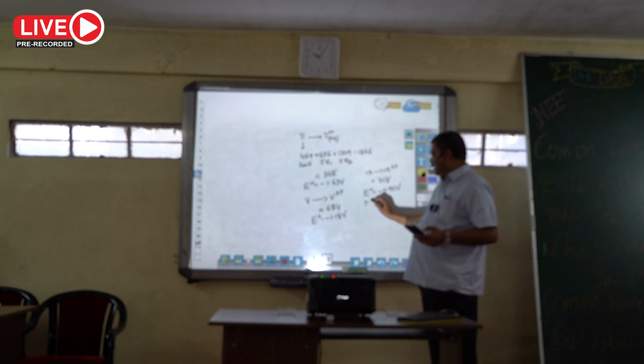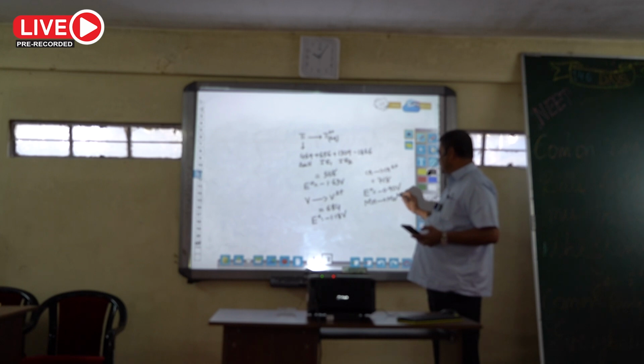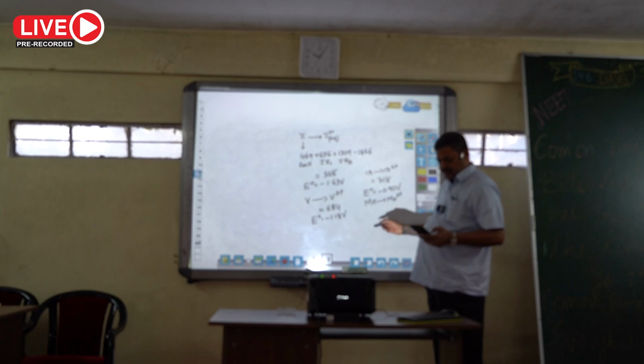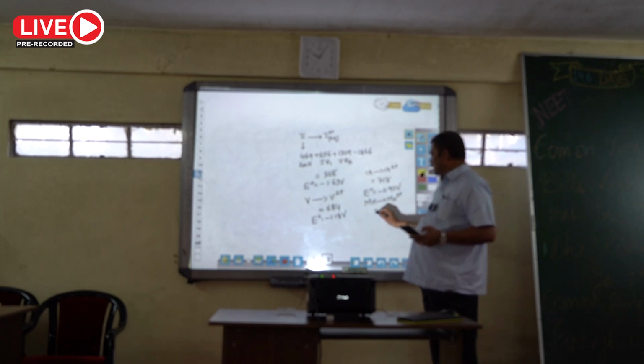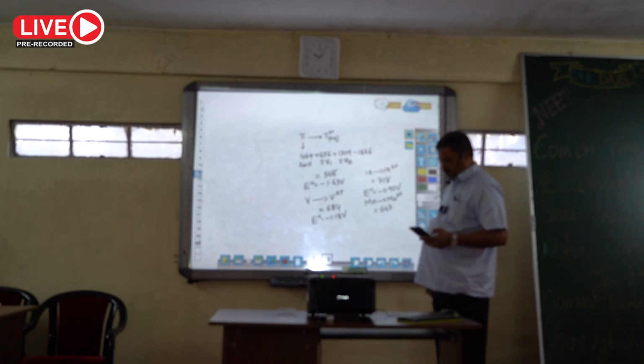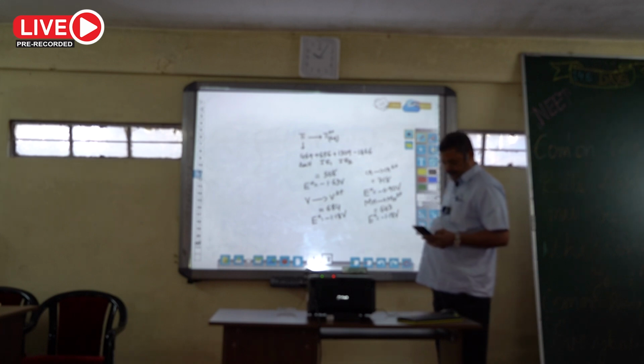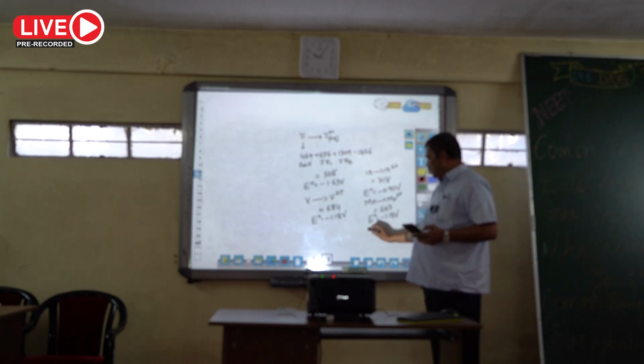Similarly, if you do Mn to Mn2 plus, if you do all the additions from the table, you will get the net energy 643. And again E naught is equal to minus 1.18 volts. After that you do iron to iron 2 plus.